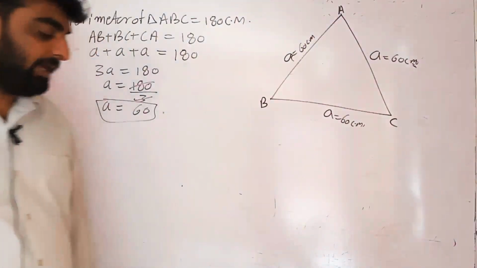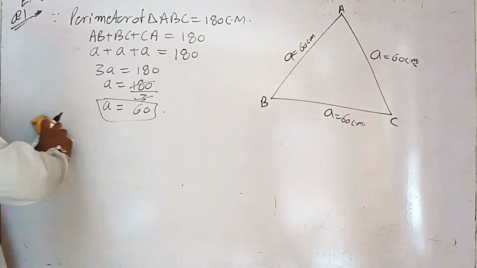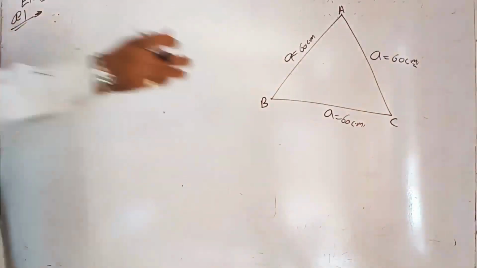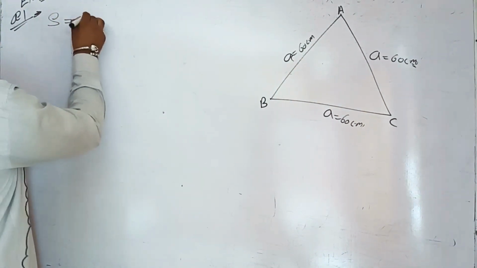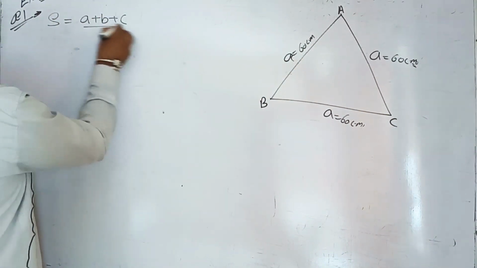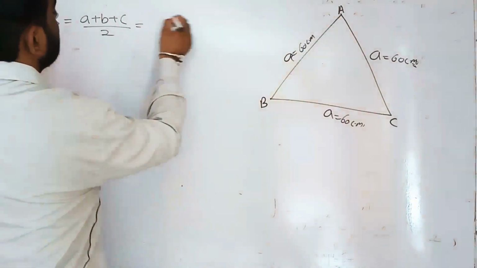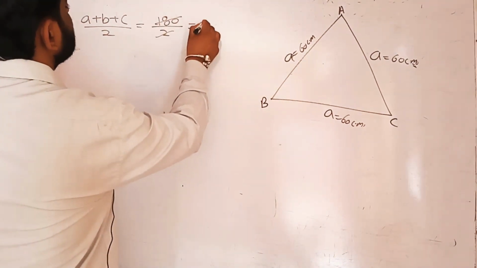So by Heron's formula we can find the area of the triangle. How do we find it, students? First we find the value of s, that is s equals a plus b plus c upon 2. What is a plus b plus c? That is already given, the perimeter 180, upon 2, that is 90.